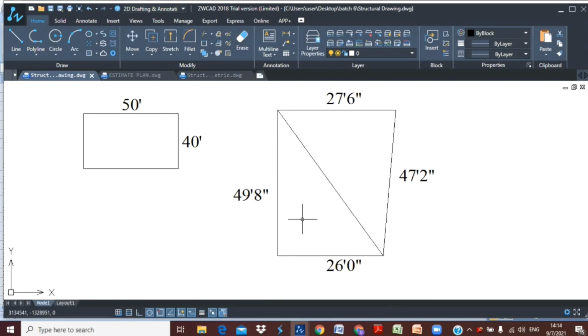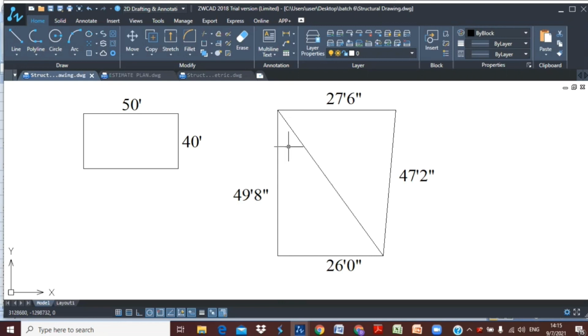One question now arises: why don't we put the Pythagoras theorem here? You can see we don't have regular and erect lengths, so we cannot apply the Pythagoras formula here. Next, I have divided this area into two parts.